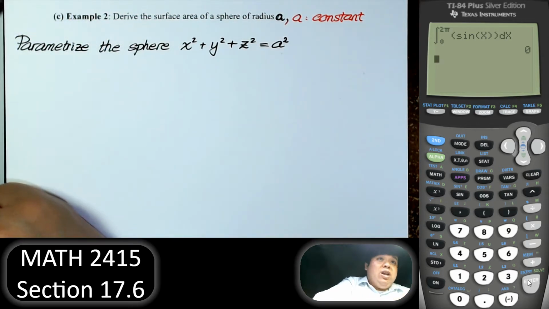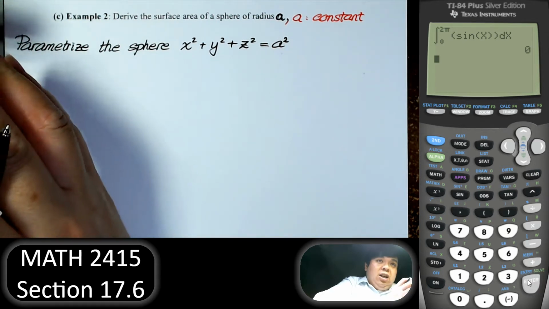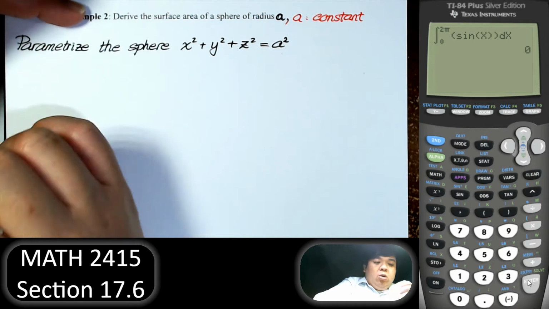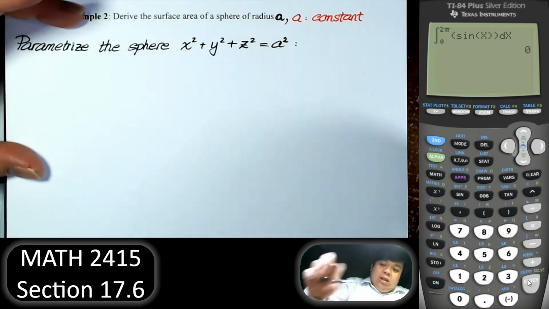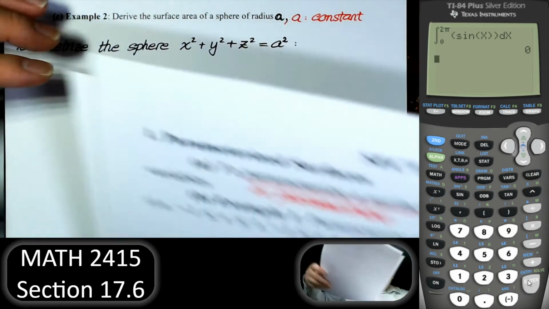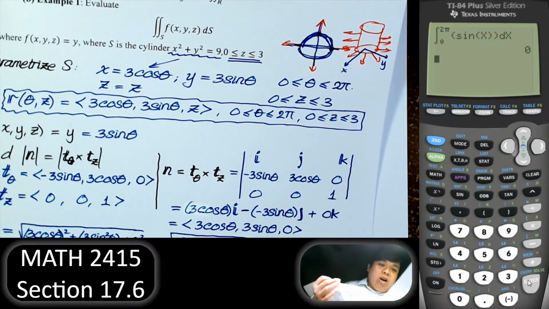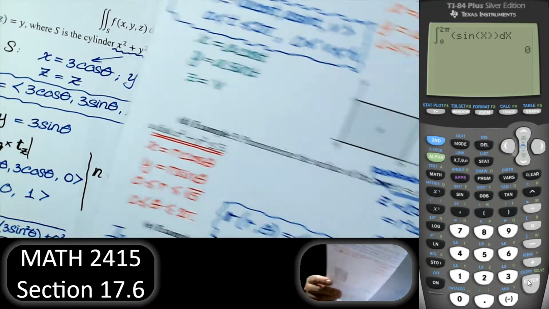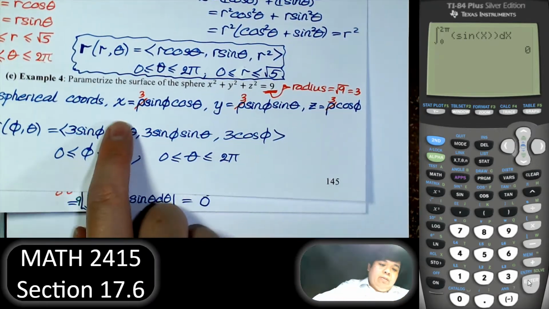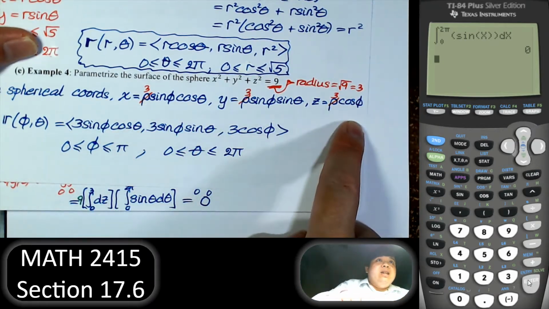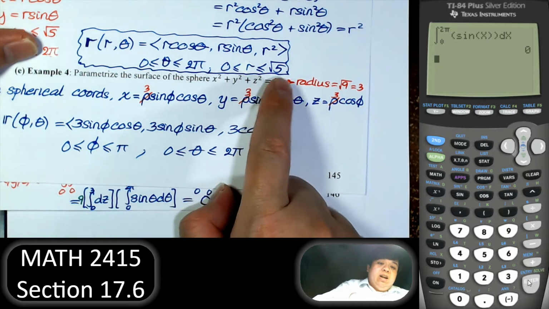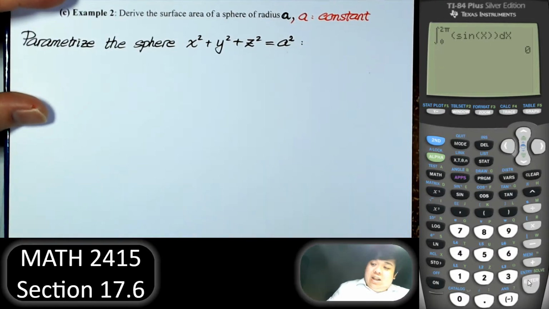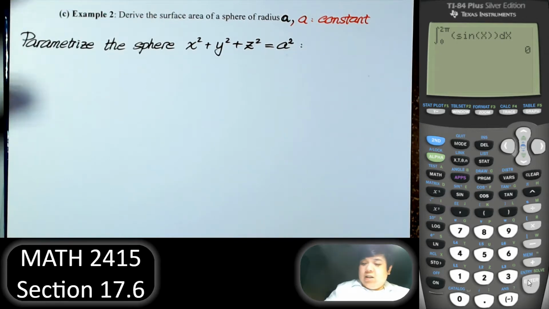We assume that the sphere is centered at the origin. Otherwise, it's a much more complicated calculation. I think we did this in the first part. Parameterize the sphere. So it's going to be that. But this time we do not have 3. This time we have a. So parameterize like that.